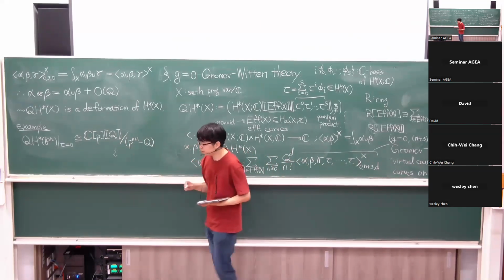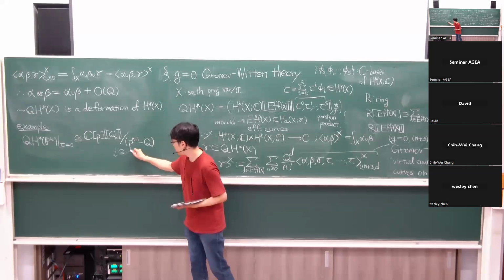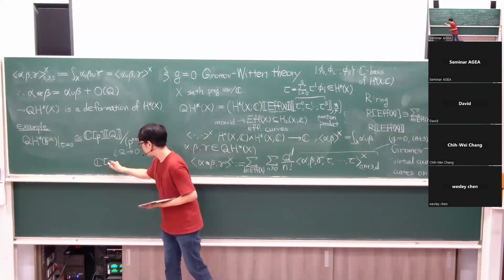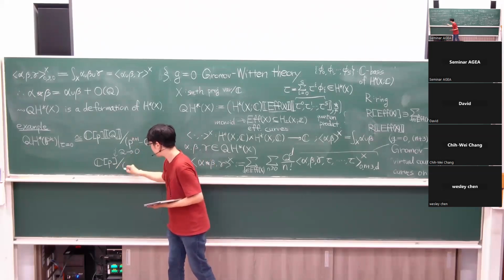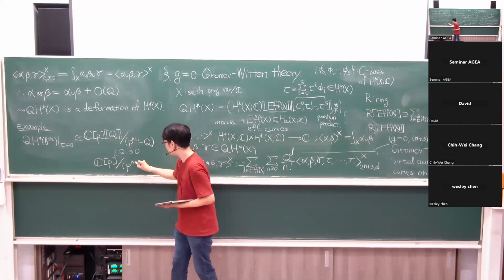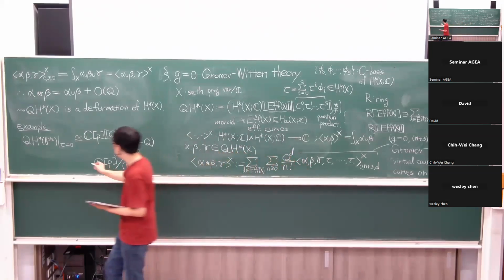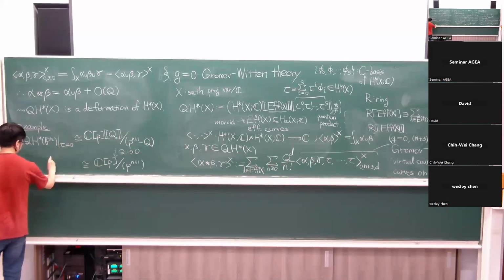On taking the limit we obtain this ring. You know, this is the usual cohomology of projective space.